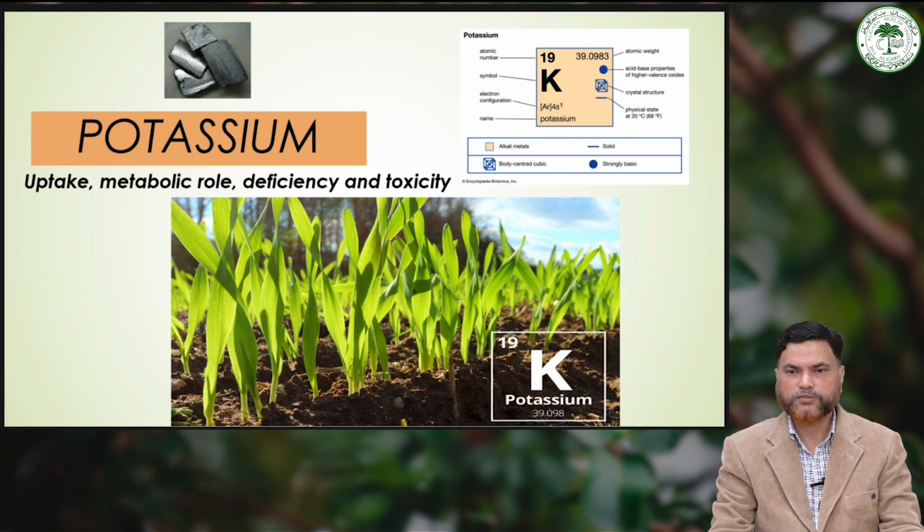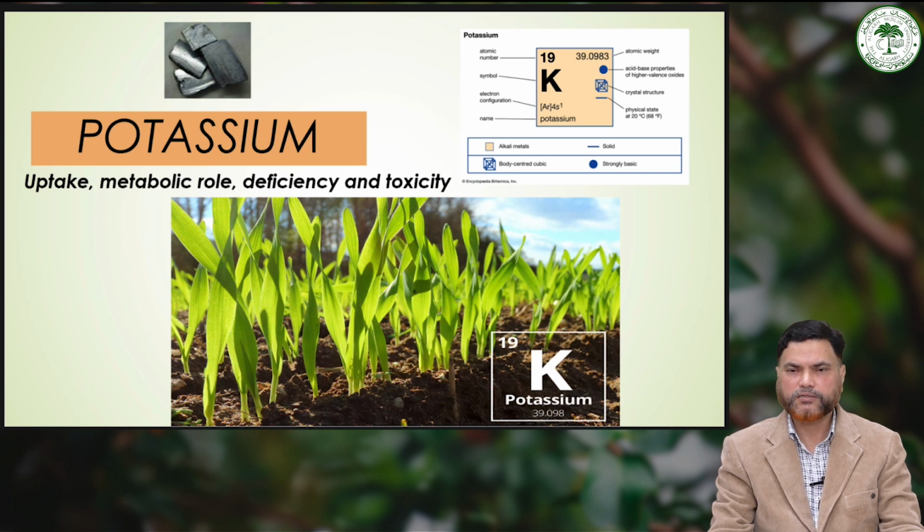Basically in plants, potassium is mainly present as soluble inorganic salt, and it is generally abundant in young and actively growing parts of the plant, including buds, new leaves, and root tips, while other tissues would have lower concentration of potassium.